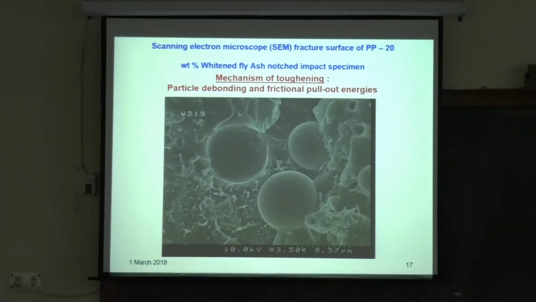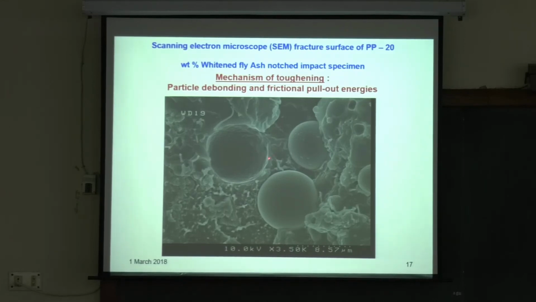So there is a bond to the fly ash, and then it came out, but it's shearing. Here another fly ash came out, but on the other side. So there is a lot of shearing and debonding. That shearing and debonding, which is the pull out, is taking up this energy.